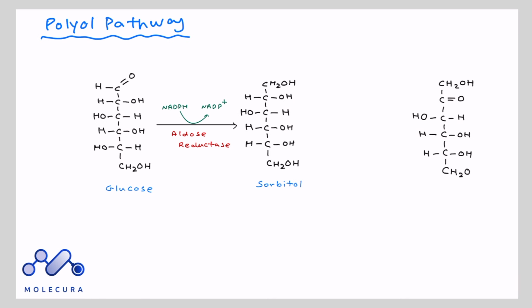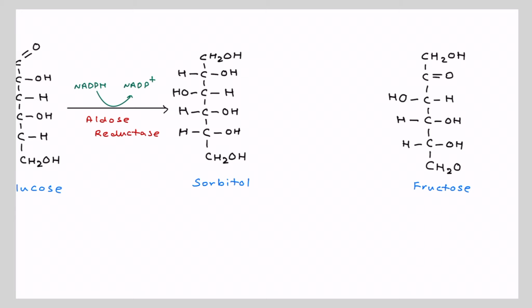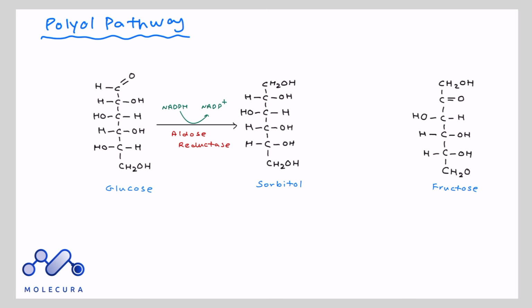Now, why is this important? Because this is an intermediate in a reaction that's going to end up giving us fructose. So the body is able to take a glucose and synthesize fructose from it. And this is particularly important because there are cells in the body, for example, the sperm, which use fructose as their primary source of energy.